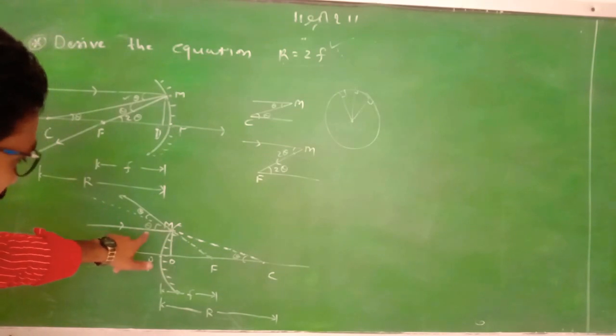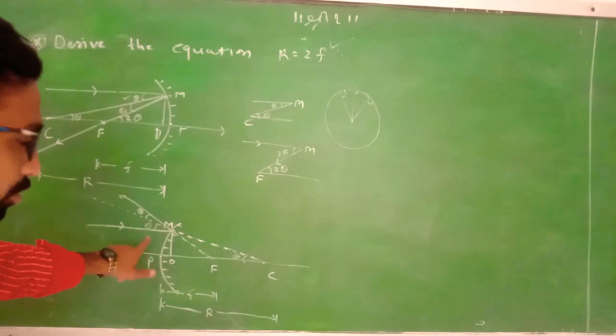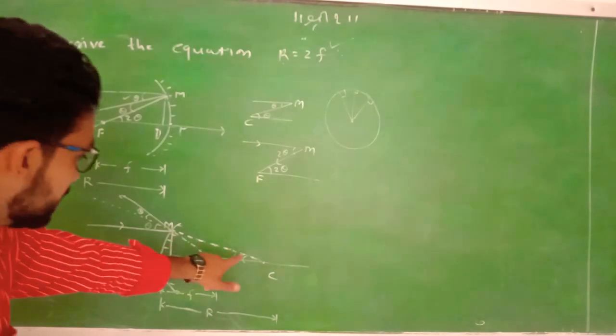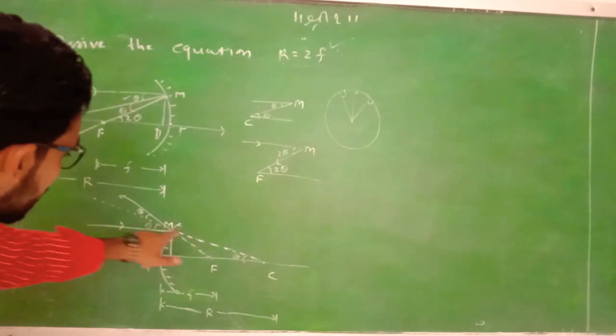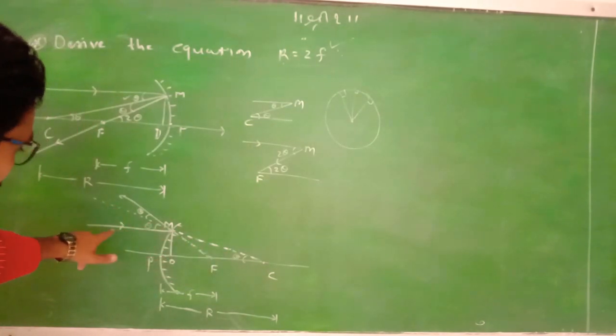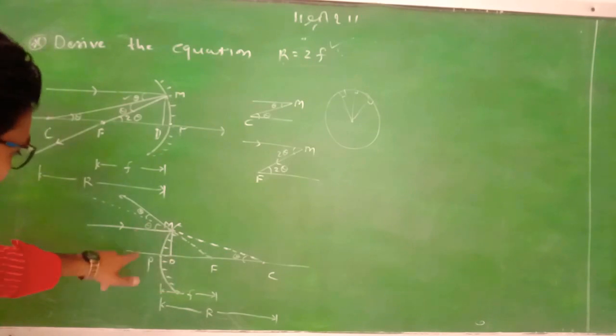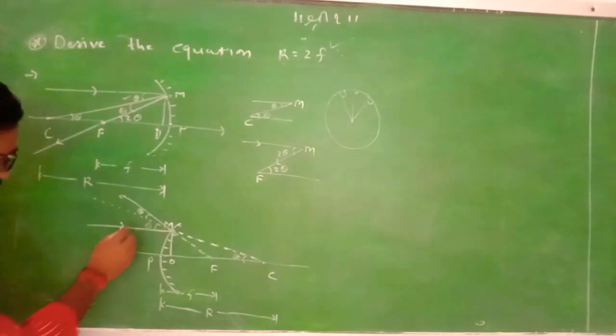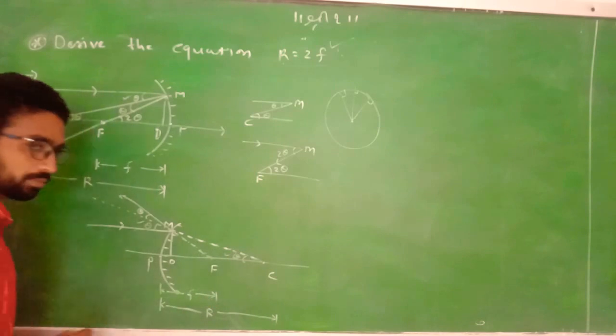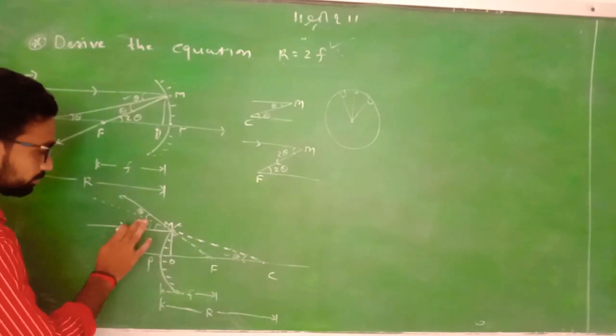Also, the incident ray and principal axis are parallel to each other. Because of that, this angle and this angle are the same, that is theta and theta.